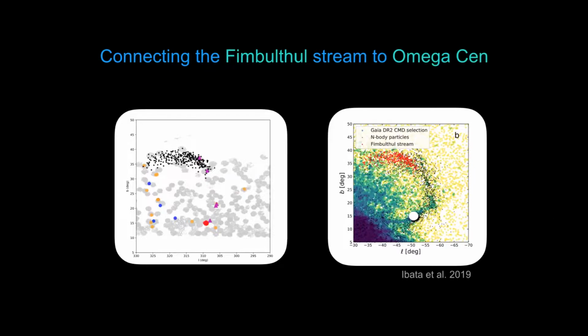Because in this case, when you include these parameters, you're actually trying to find a very stretched group in a multidimensional space. Because those blue and orange stars on your plot have very different radial velocity, for example, or proper motions than Omega Cen stars, right?